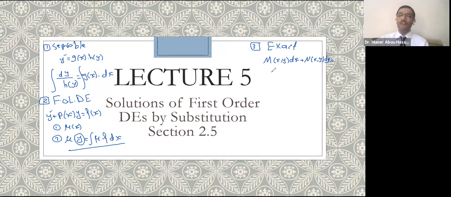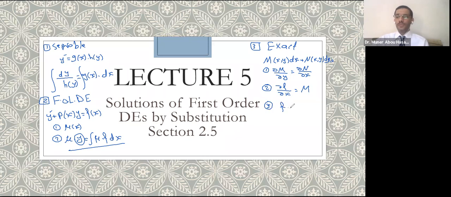And also I have here 5 steps to solve the exact differential equation. If you remember, the first step is to check the exactness by the following condition: partial M by partial y must be equal to partial N by partial x. If this condition is satisfied, then you can say it is an exact equation and go to the second step, such that you will find your f, which satisfies partial f by partial x equal to M. Then you will integrate this equation.